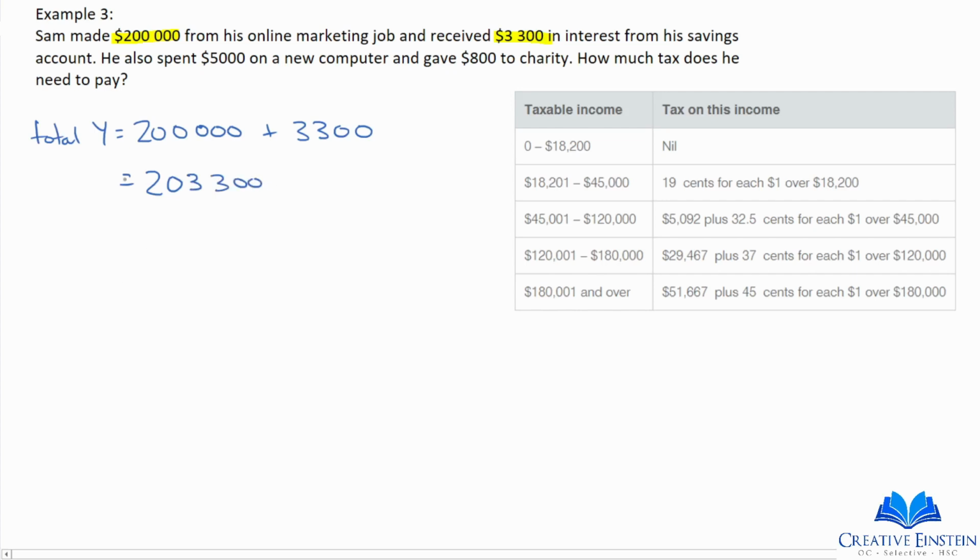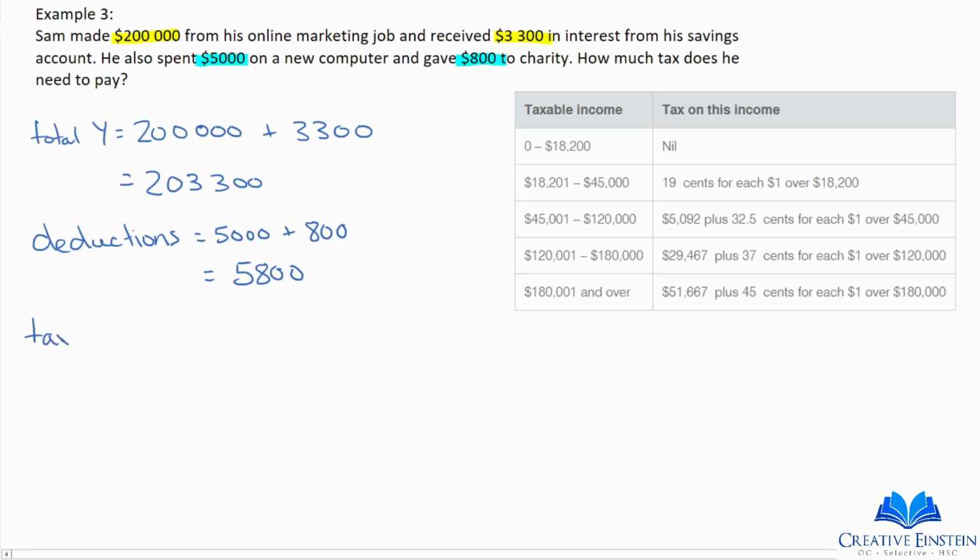$203,300. The next step is to work out his deductions. So his deductions are $5,000 on a new computer, which he needs for his marketing job, and $800 to charity. So 5,000 plus 800 gives us 5,800.